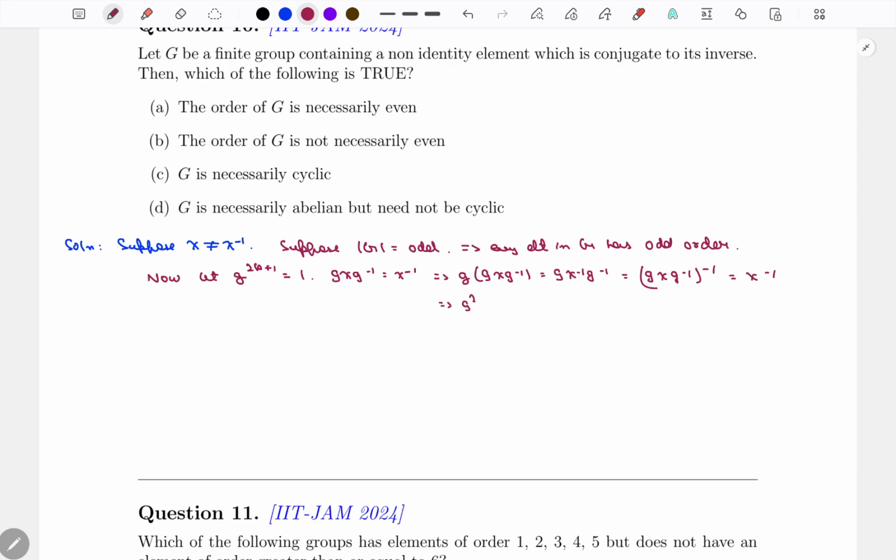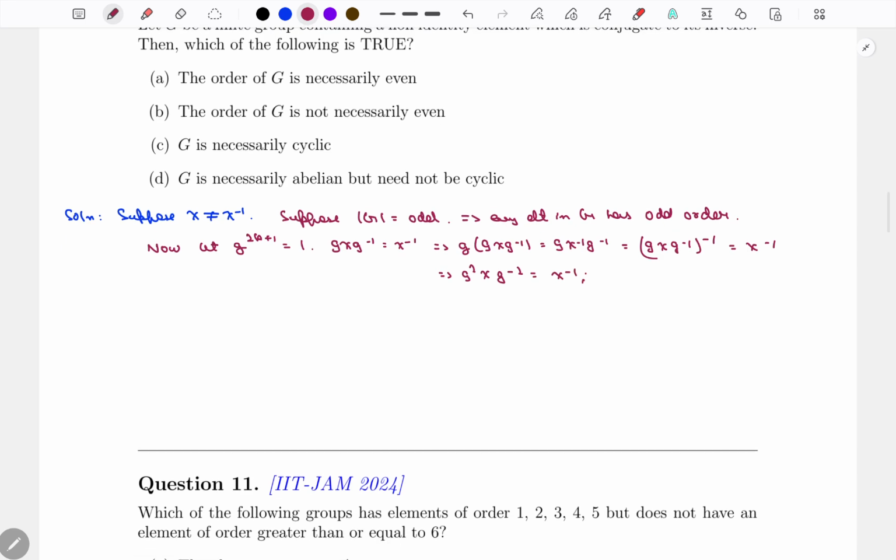So this implies g squared x g to the power minus 2 is x inverse. Did I do it correctly? No, sorry, it's x inverse whole inverse, so it's x. What if I do it once more? Then g cubed x g to the power minus 3 should be g x g inverse, which is exactly x inverse. Now by induction you will be able to prove it.